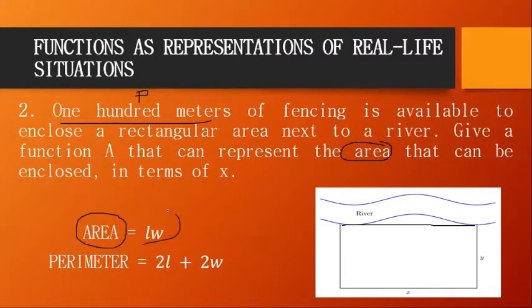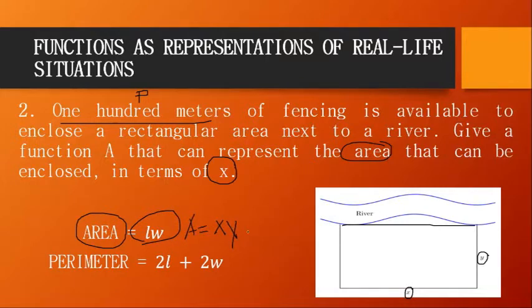This is the function itself. Length times width. Kaya lang, meron tayong condition sa problem, kailangan daw po is in terms of x. So, instead of using L and W, we are going to use X and Y. Okay? So, ang area natin is magiging X times Y.